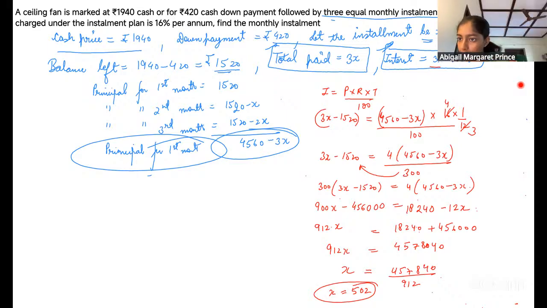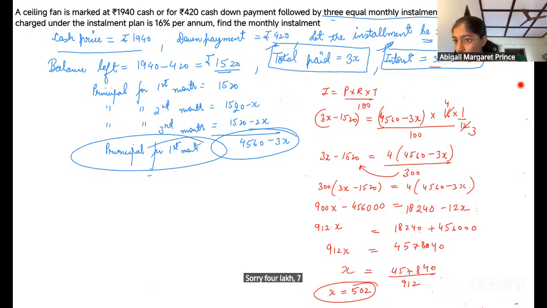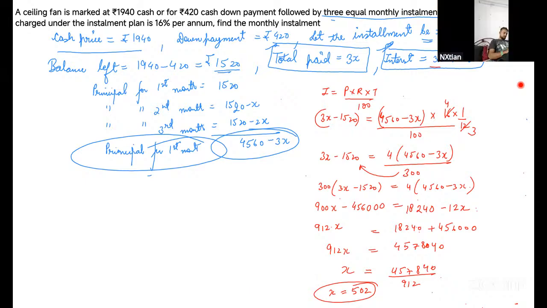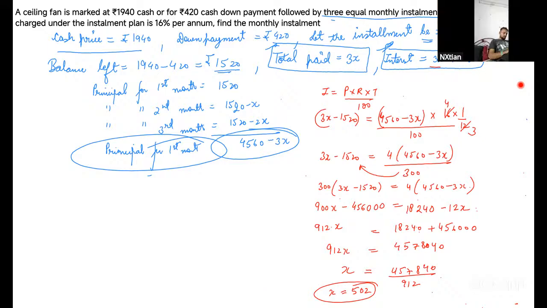Sir, I'm getting 18,440 plus 4 lakh 56,000. The sum of that I'm getting is 4 lakh 74,240. Let me check. This is 50.